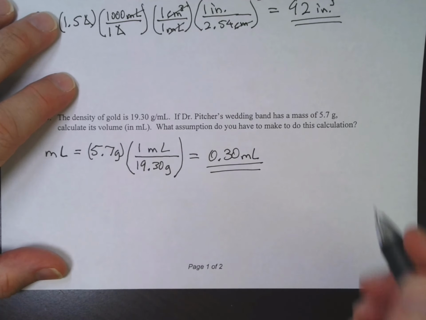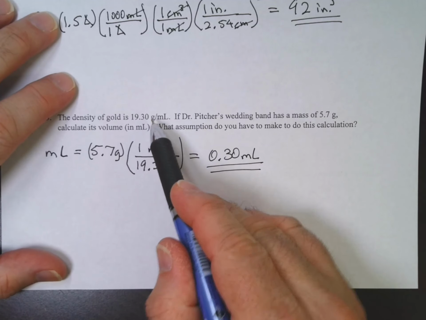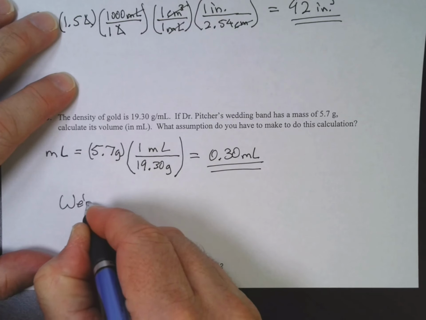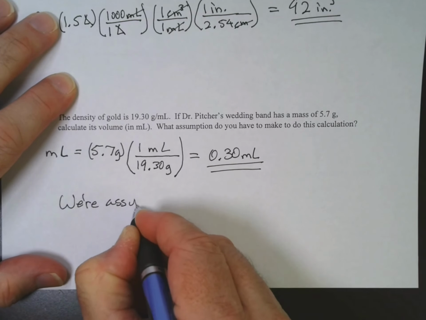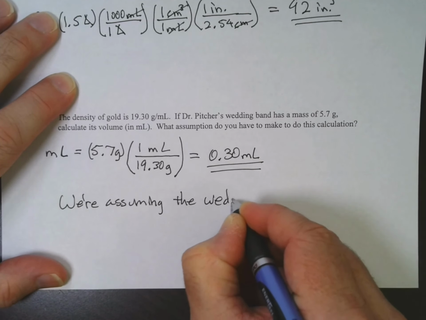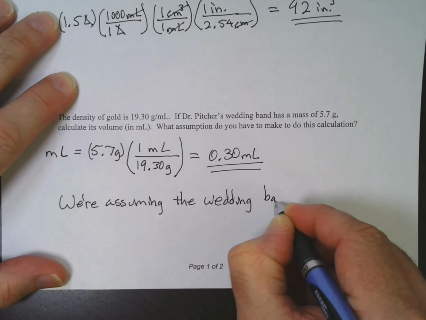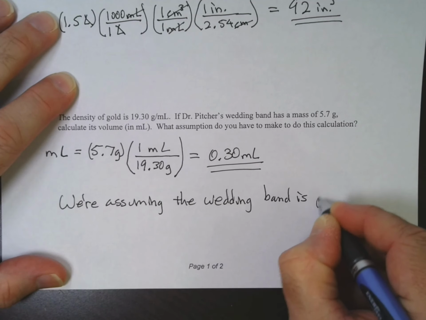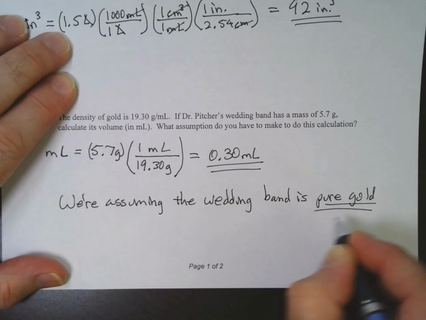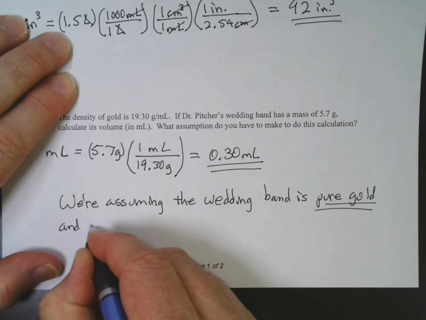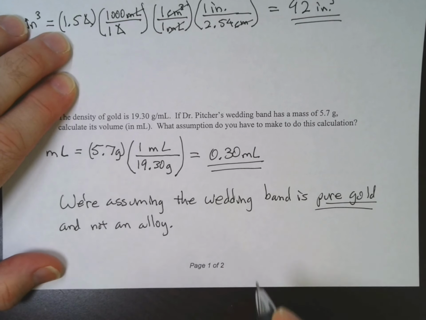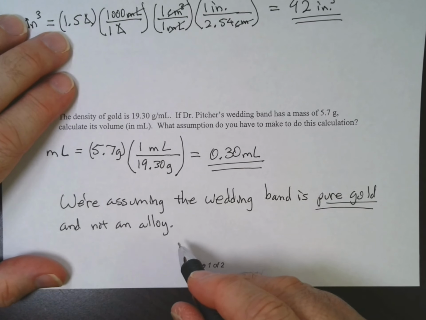Now, the assumption we're making is that my wedding band is pure gold, and it's not an alloy with other metals.